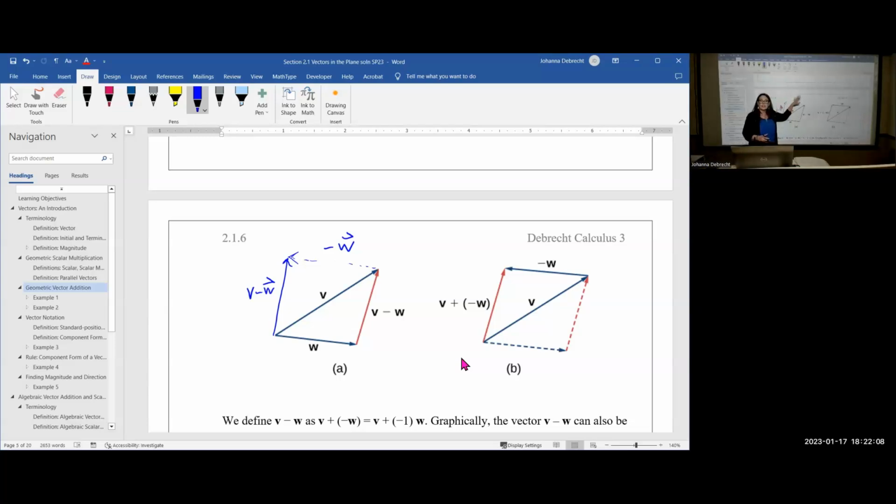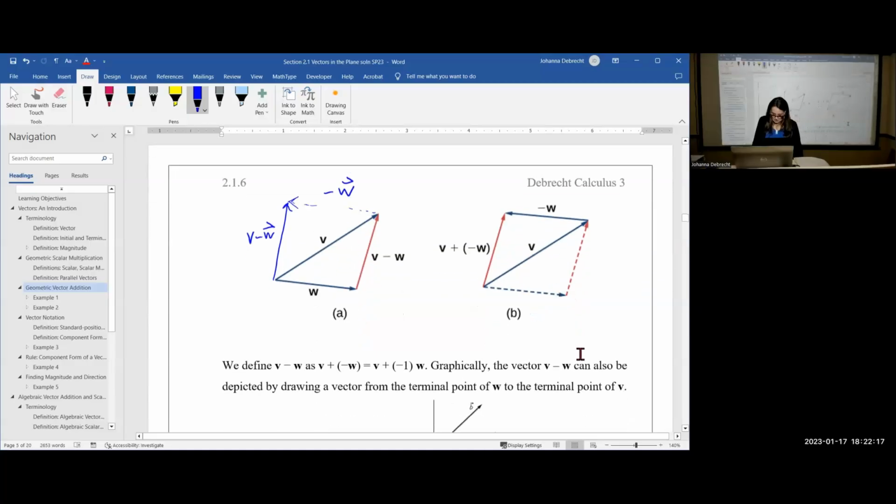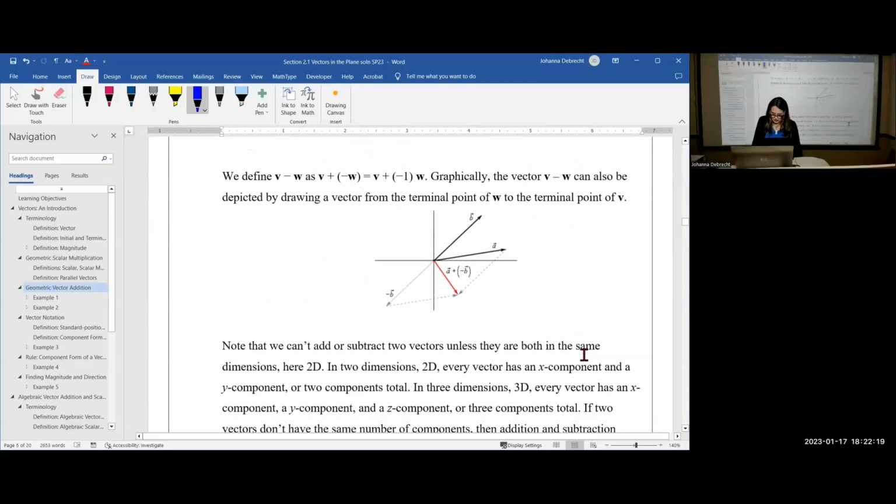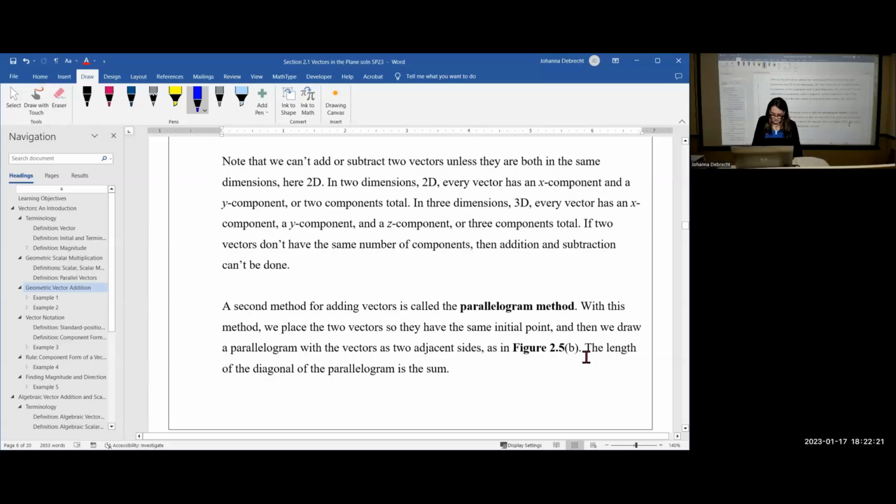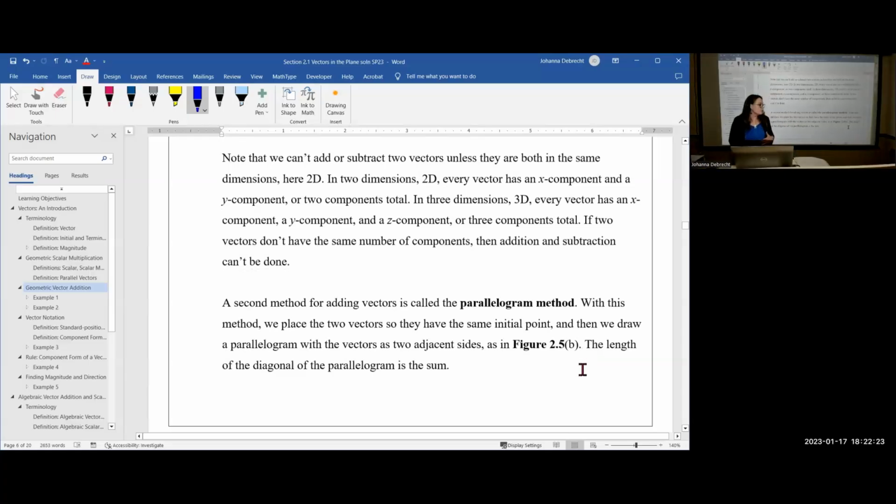I just add the negative of the vector and then do the triangle method, and that works out pretty well. And that generally is preferable, all right?